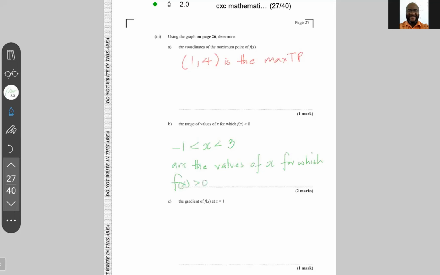Between -2 and -1, the graph is below 0. Between 3 and 4, the graph is again below 0.